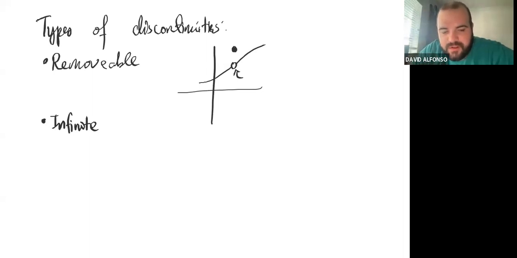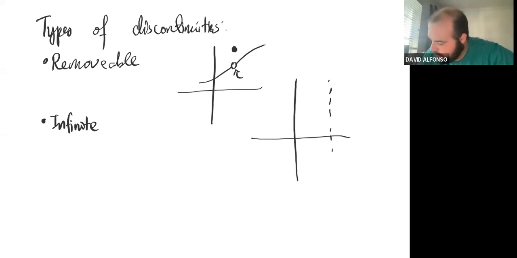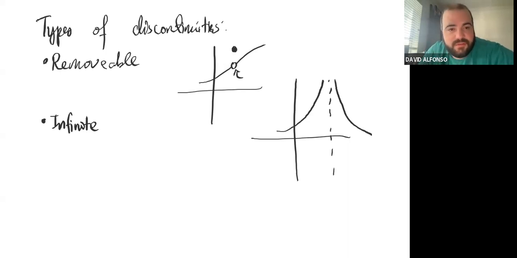Do you remember what that's called? Yes, right, a vertical asymptote. So basically, if you have something like that, obviously, that's not continuous. It goes to infinity, the point doesn't actually exist there. So you can either call it a vertical asymptote or an infinite discontinuity. Both are the same.